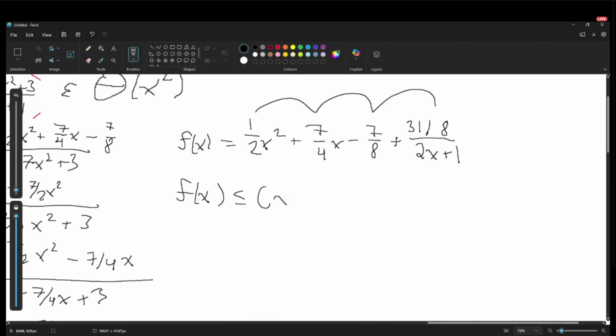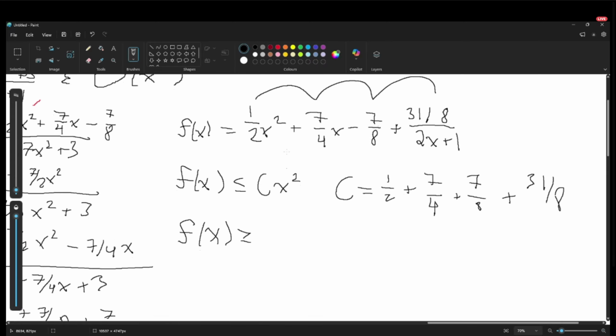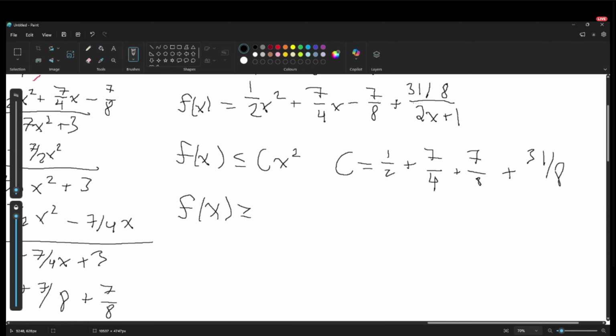So I'm going to call it C x squared, where C is this sum right here: 1/2 plus 7 over 4 plus 7 over 8 plus 31 over 8. And then you know that also f of x is more than or equal to half of x squared.